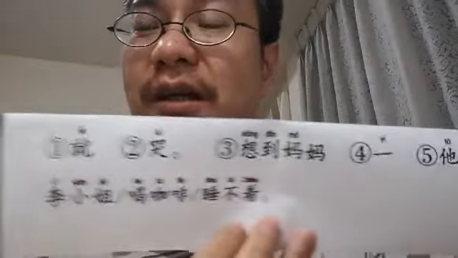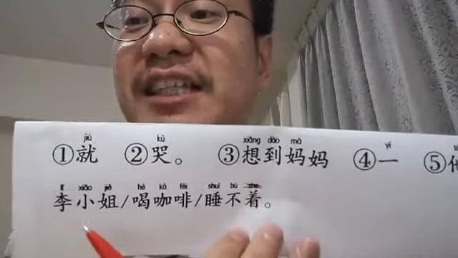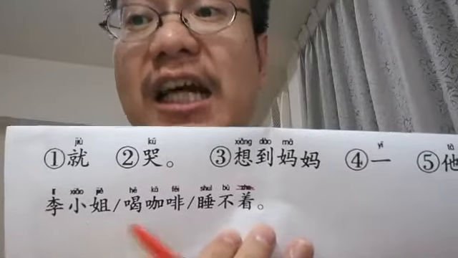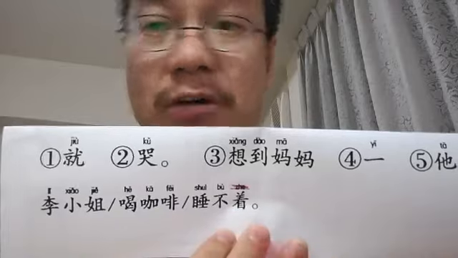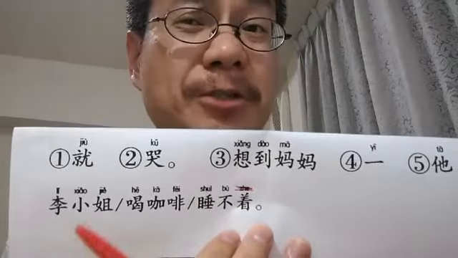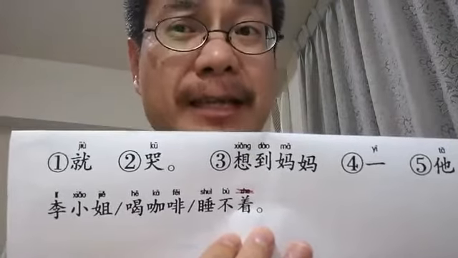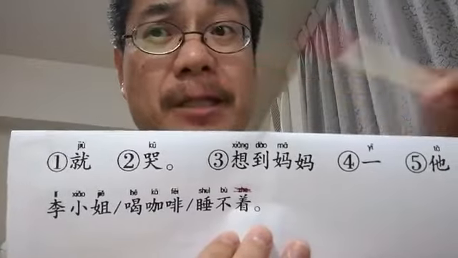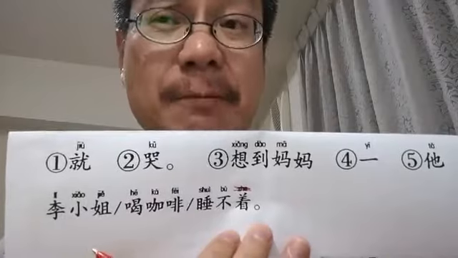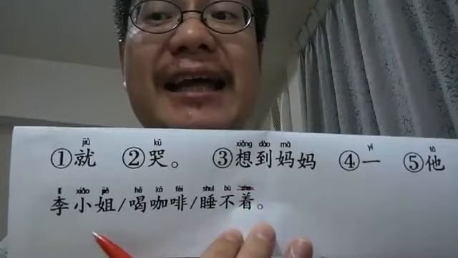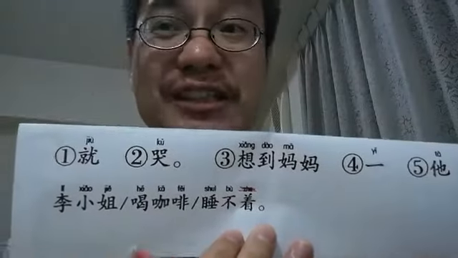I read it again. 李小姐喝咖啡睡不着. Please use this sentence pattern. Think about the answers and please comment below. If you need to use 一 blah blah 就 blah blah in this sentence, how do you use it? Think about it.